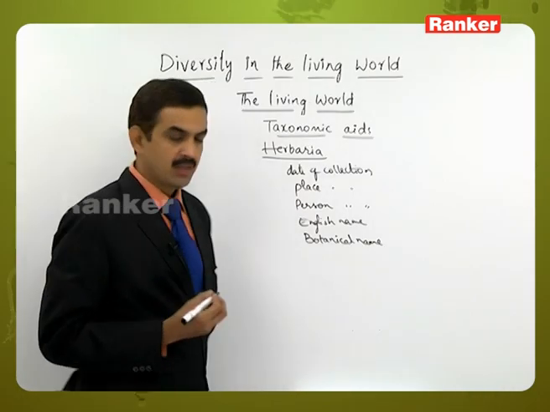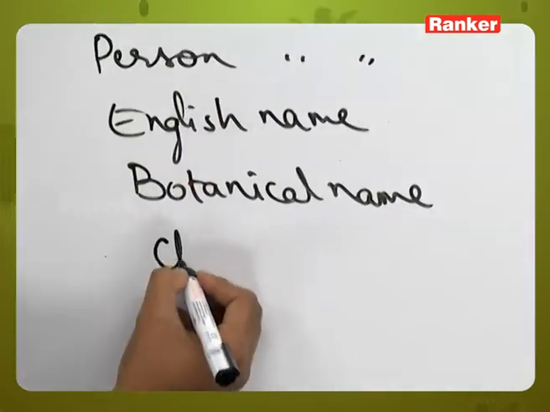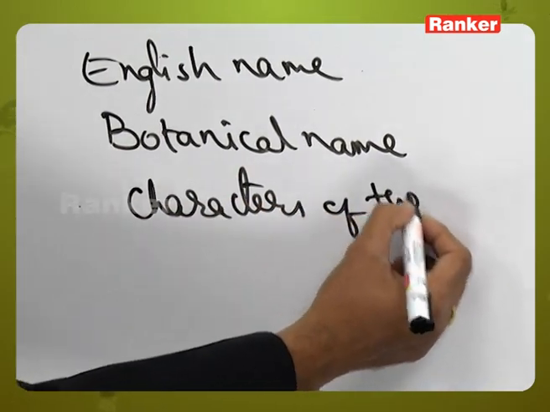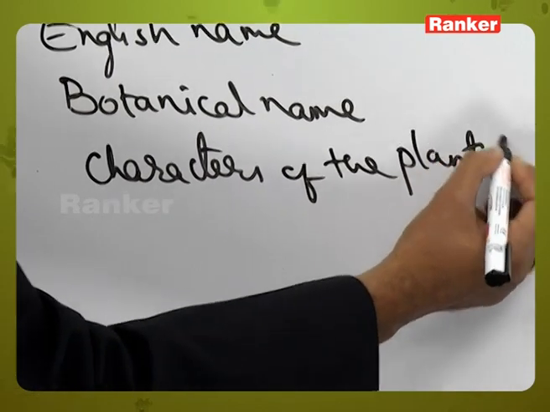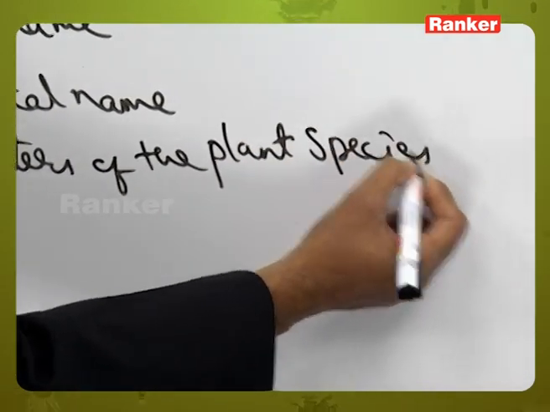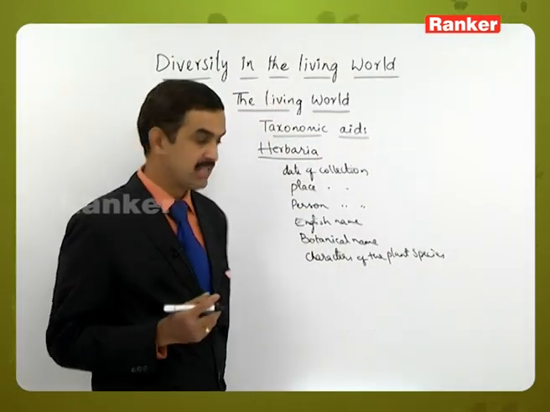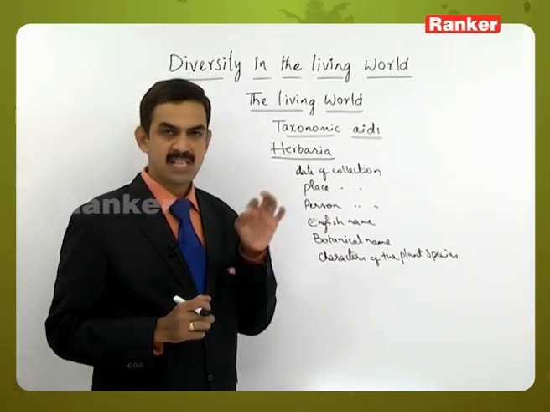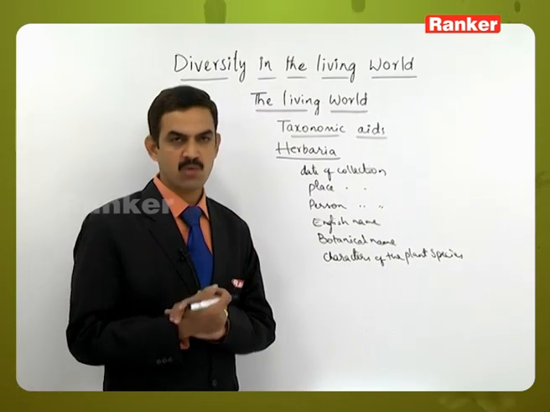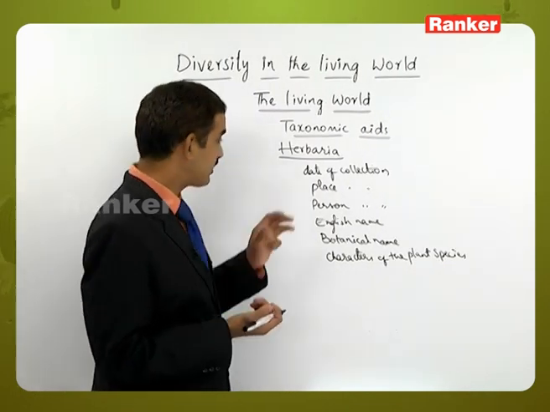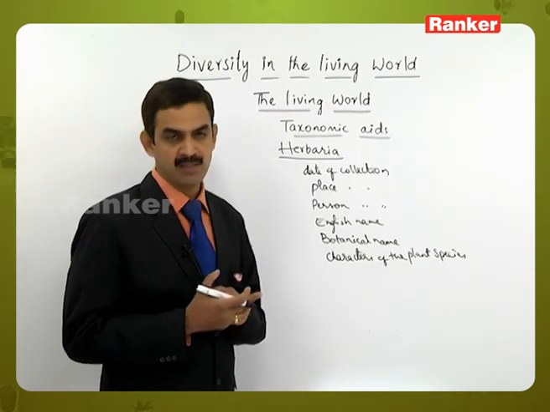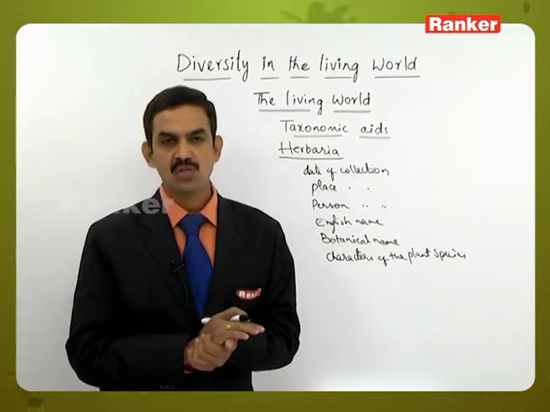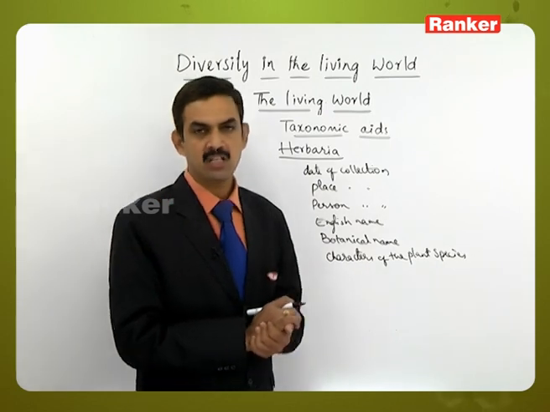Apart from this, all the characteristic features related to the plant species are prescribed on the herbarium sheet. This is the way herbarium is done, and all these are preserved in the form of herbarium sheets in the desk, which is available in the botanical gardens.